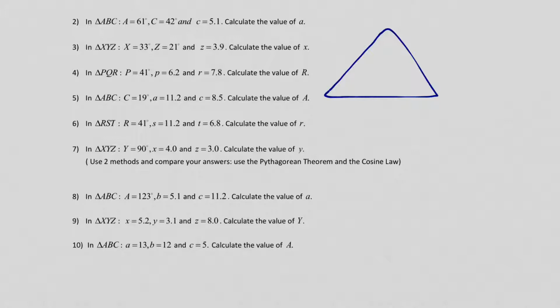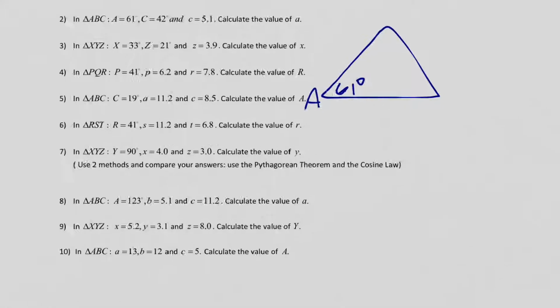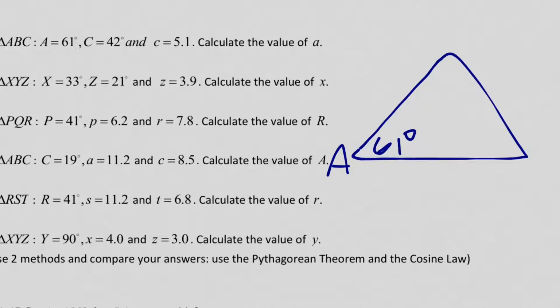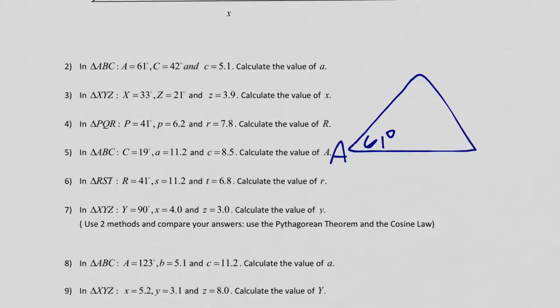All right, so I'm going to make sure that I'm setting this up using the same system as I used with the 90 degree triangles, where angle A, capital A, is 61 degrees. Angle B, we are not given, and angle C we are given, and it is 42 degrees.